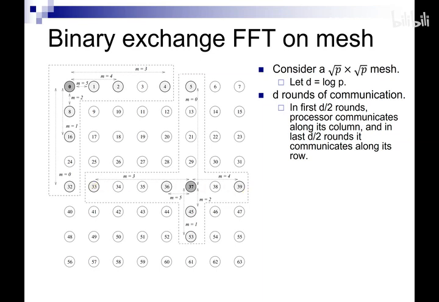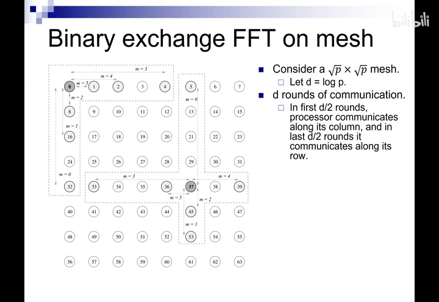So this just shows that for every process, if you have d equals log p, then for the first d over 2 rounds, the communication is going to be with the processors in the same column, and for the last d over 2 rounds, it's going to be with the processors in the same row. So again, you're going to have just d rounds of communication.